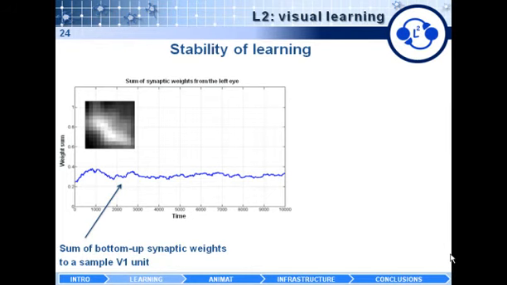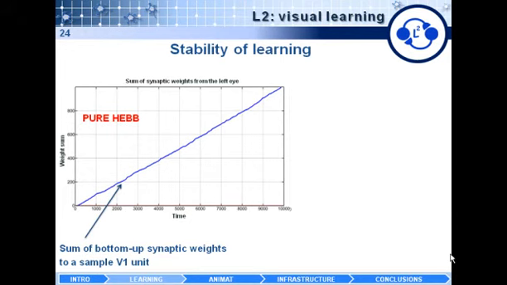And this is, of course, not the case with all learning laws. If we plug in, for instance, another learning law, a pure Hebbian law, which is a simple correlation between presynaptic and postsynaptic activity, you can notice that the activity of neurons tends to grow without bound.